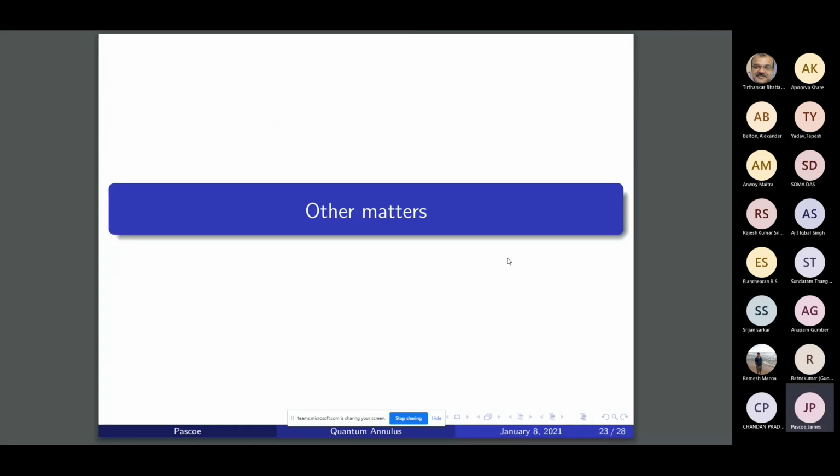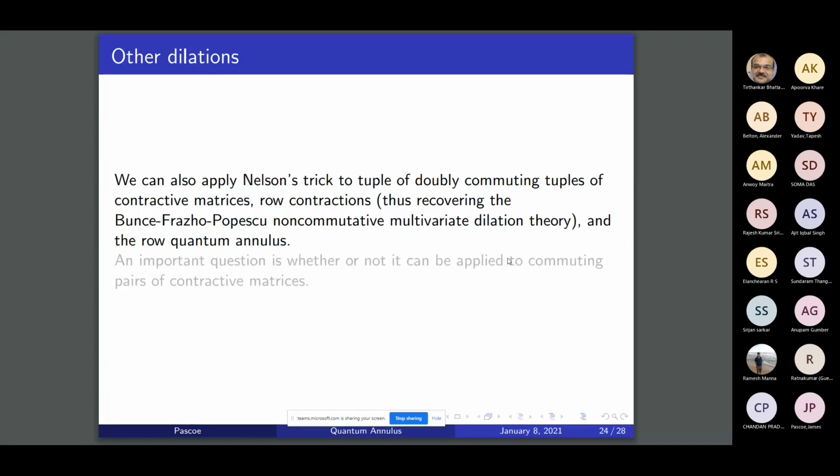Okay, so now I want to talk about other places where maybe we can apply this trick. We can apply Nelson's trick to doubly commuting tuples of contractive matrices.